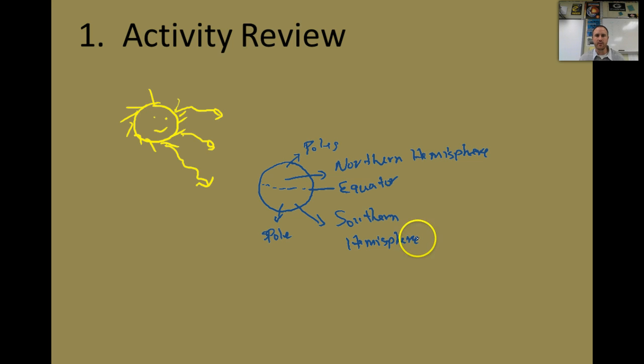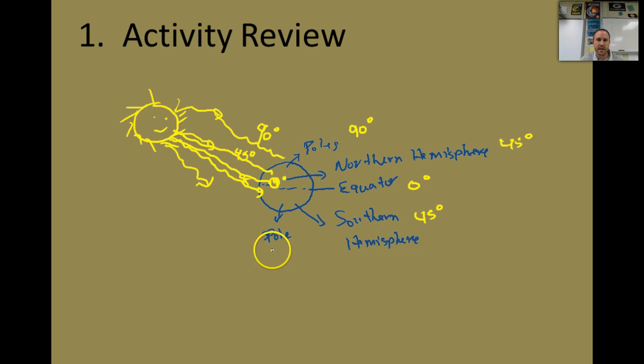The idea of the lab was to get you to see what would happen if our sunlight was having to travel and hit at a 90-degree angle the North Pole, at a 45-degree angle the northern hemisphere and the southern hemisphere, and then at 0 degrees being the equator. So we turn this into 90 degrees, this one into 45 degrees, this one into 0 degrees, this one into 45 degrees, and then this one into 90 degrees again. Those were the different angles of the light.